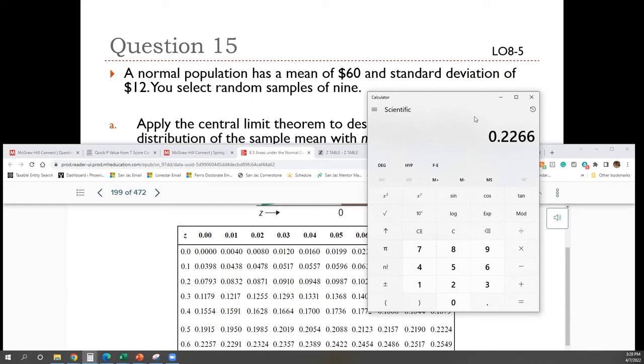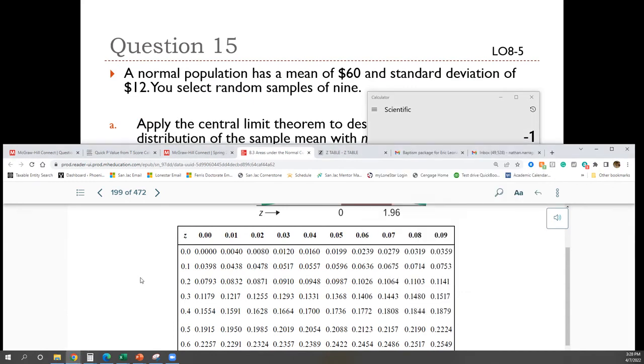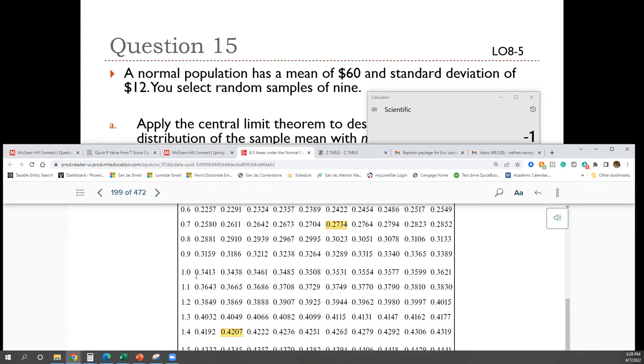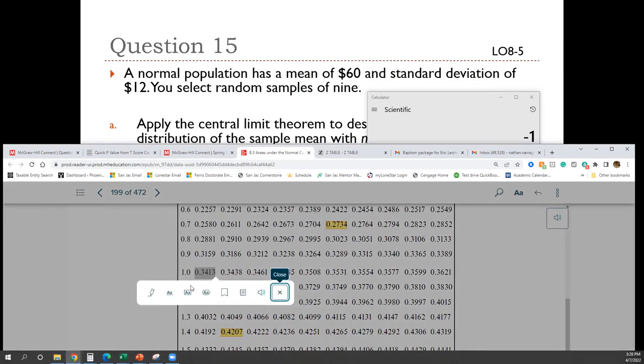How about if it's less than 56? Okay, so again, we're going to take our sample mean minus our population mean, divided by 4, which is, again, our standard error of sampling, comes out to -1. Well, basically it's just going to be 1 for us.